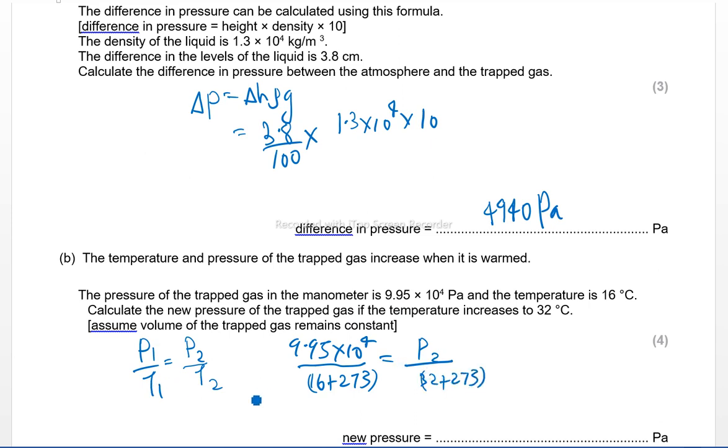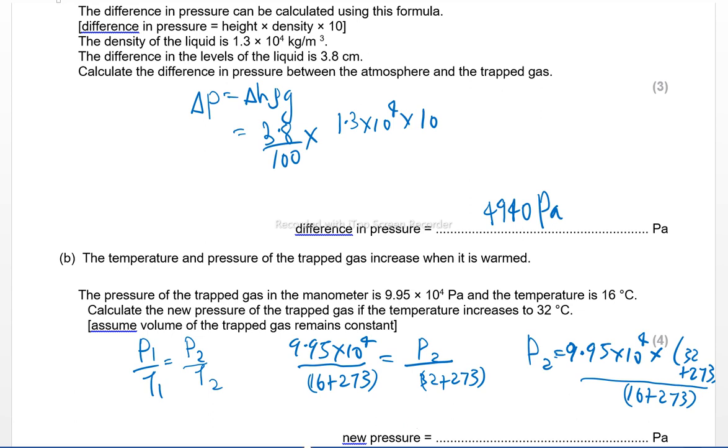So the way you do it is P2 is equal to 9.95 into 10 to the power 4 multiplied by 32 plus 273 divided by 16 plus 273.